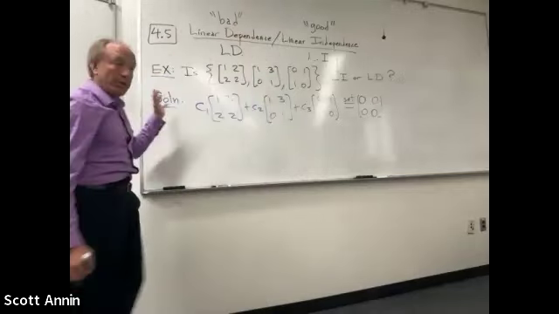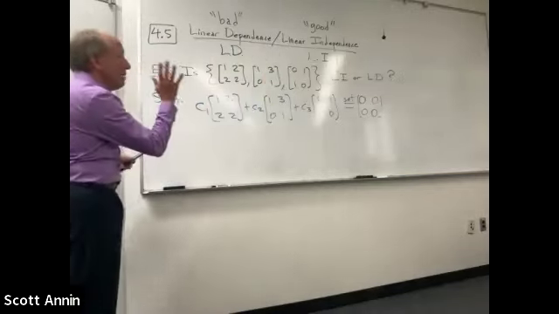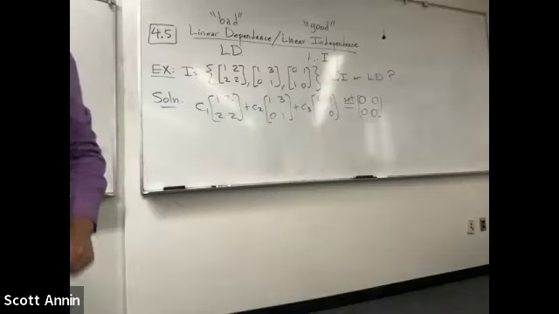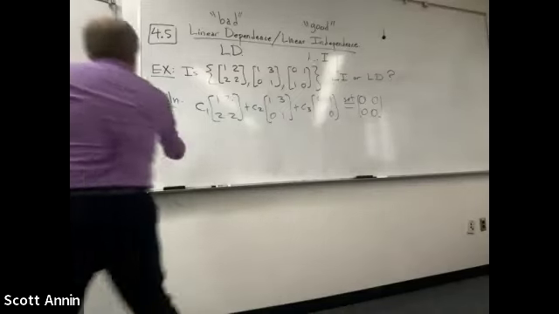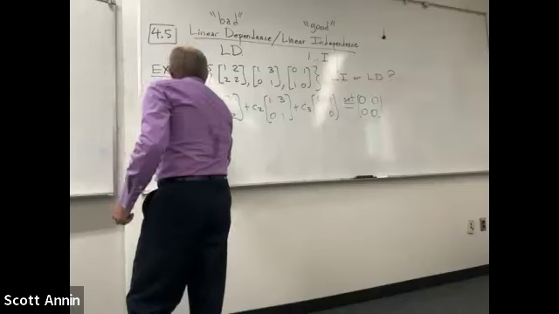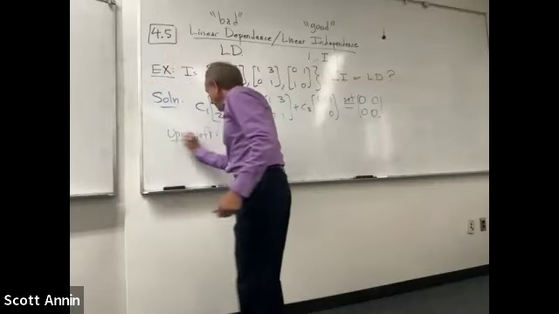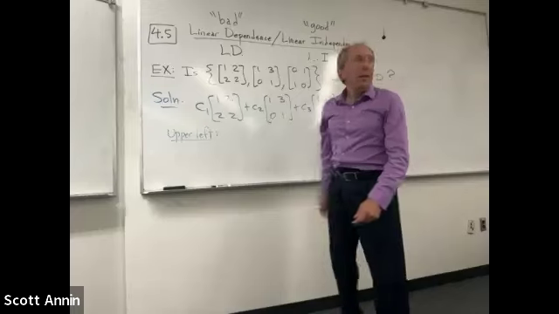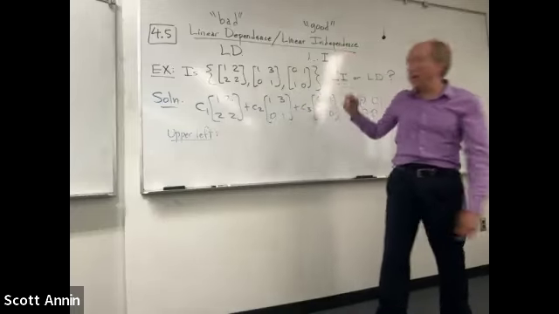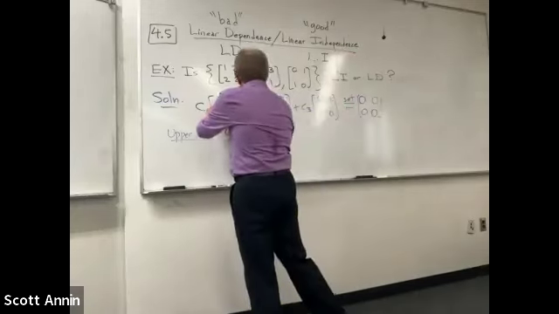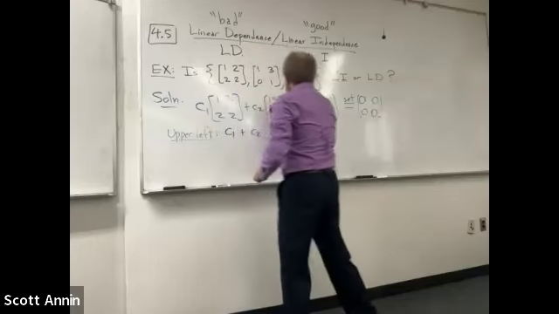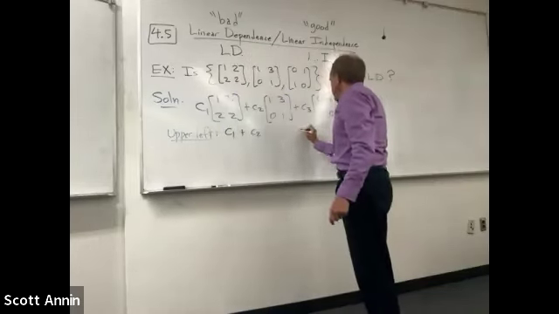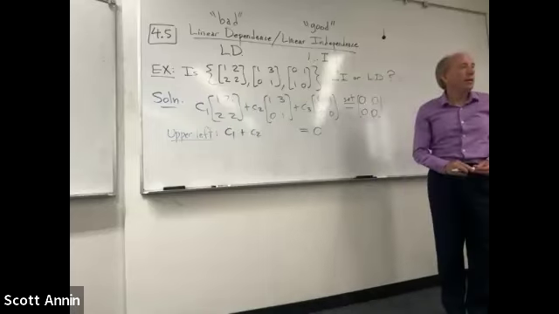Well, I'm going to take this equation and make 4 equations out of it. I'm going to go upper left corner of the entire equation. If I read across the upper left corner, I have C1 times 1 plus C2 times 1, and this is equal to 0.